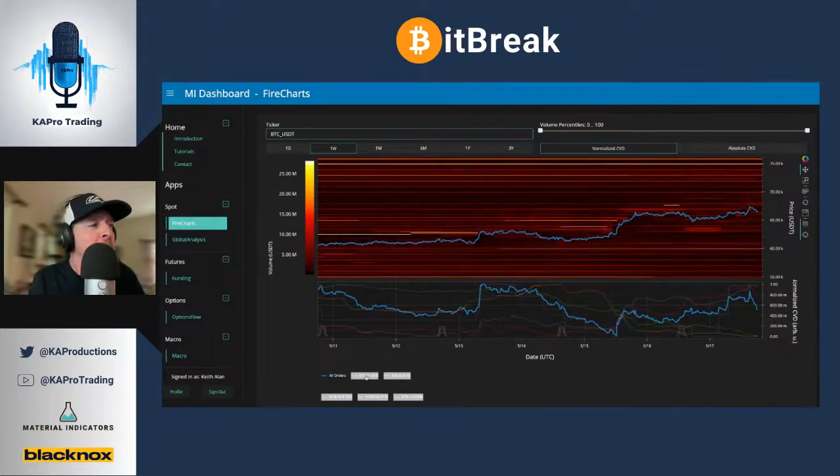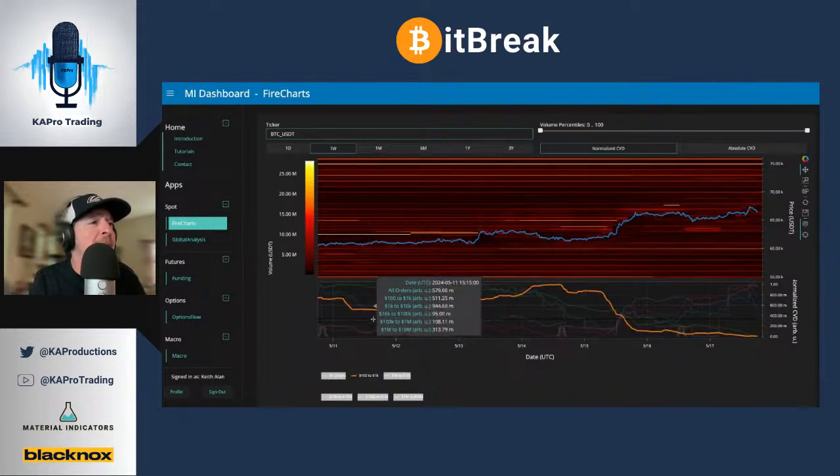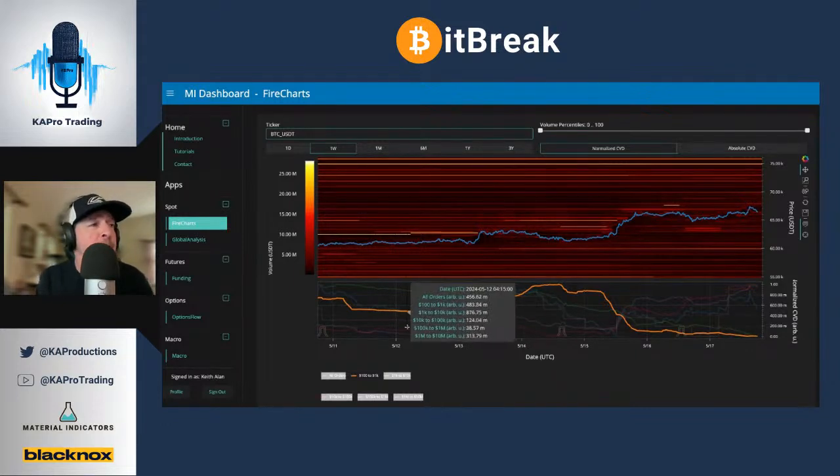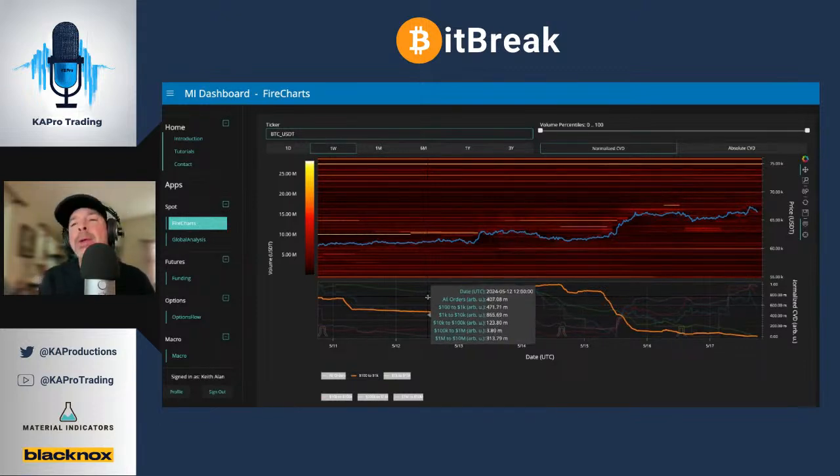So let's go to the yellow, which is the smallest order class, $100 to $1,000 order sizes. When we first started this a good 4 years ago, it was pretty evident that yellow was retail. What's important to understand is that whales can disguise themselves as retail, and retail cannot disguise themselves as whales because they don't have the means to do so.